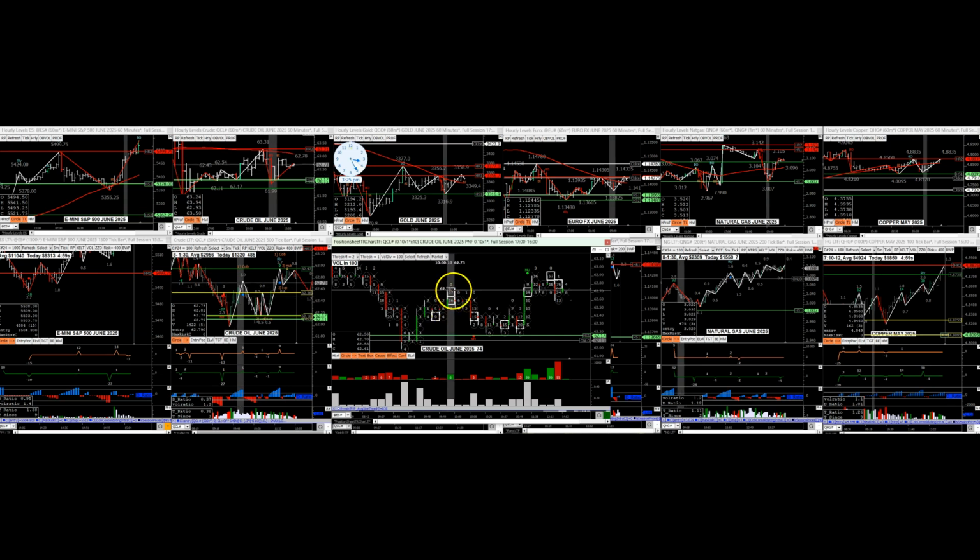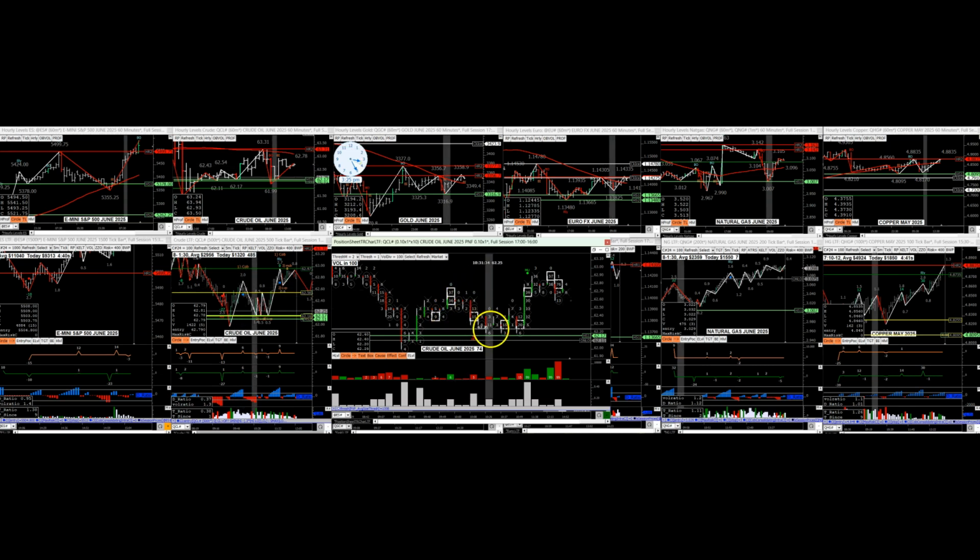Meaning here we see that this heavy volume at the top, and I would say this is supply pressure. Why? I don't know that. All I know is that there's no follow through, and then it goes down. So clearly this is evidence of distribution.